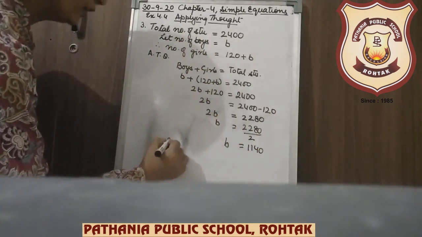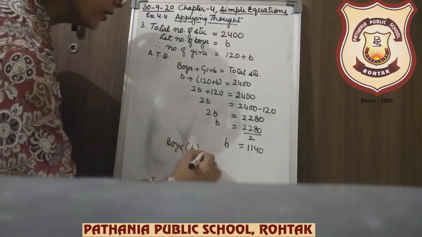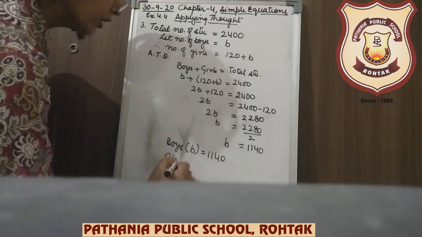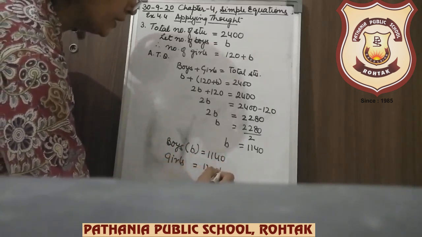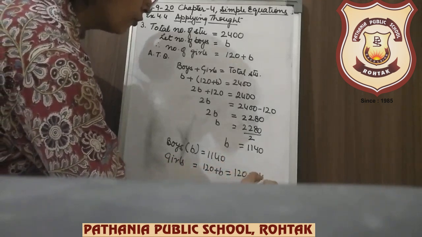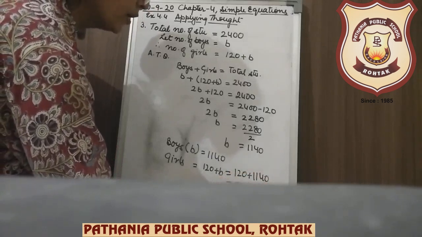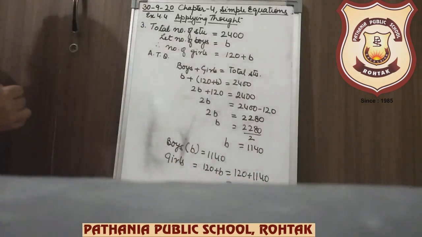So these are the number of boys, and I'll write it here. Boys B is equal to 1140. Girls is equal to 120 plus B, which is 120 plus 1140, which means 1260.